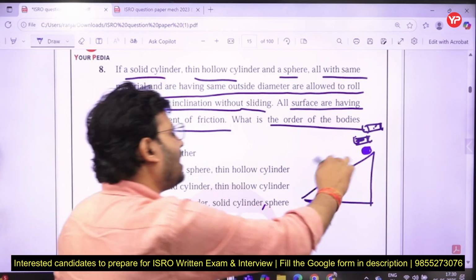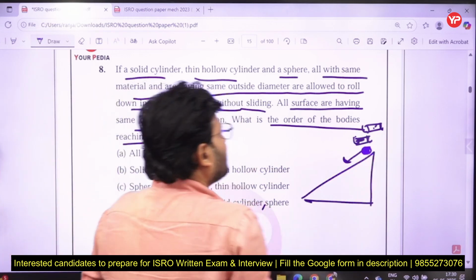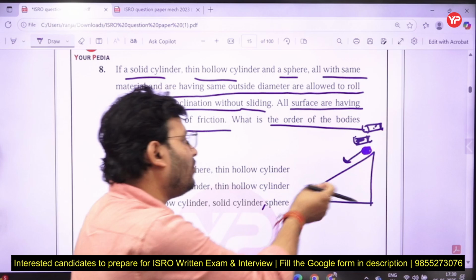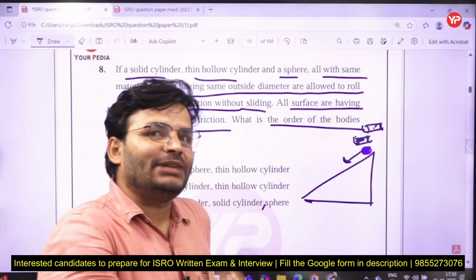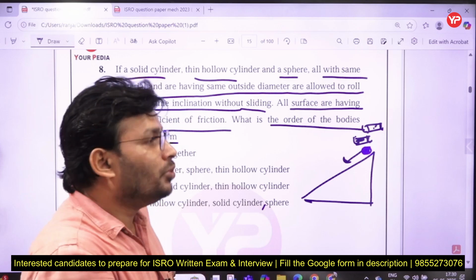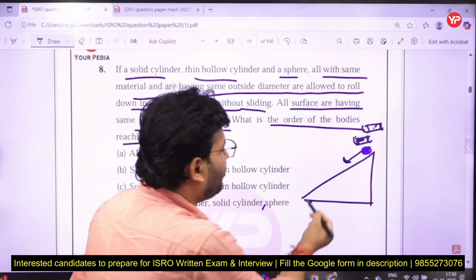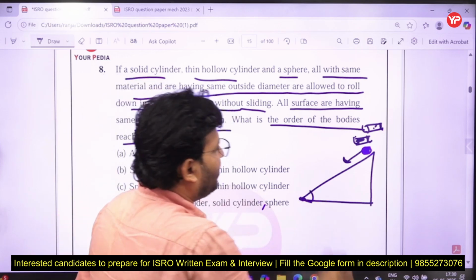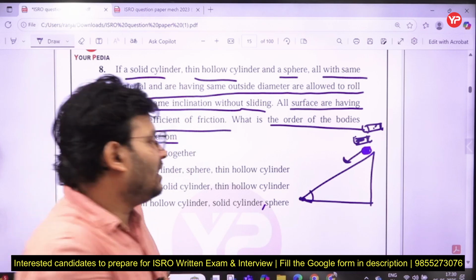Now if I leave all these three at the same time, the question is which will come first at the bottom level?